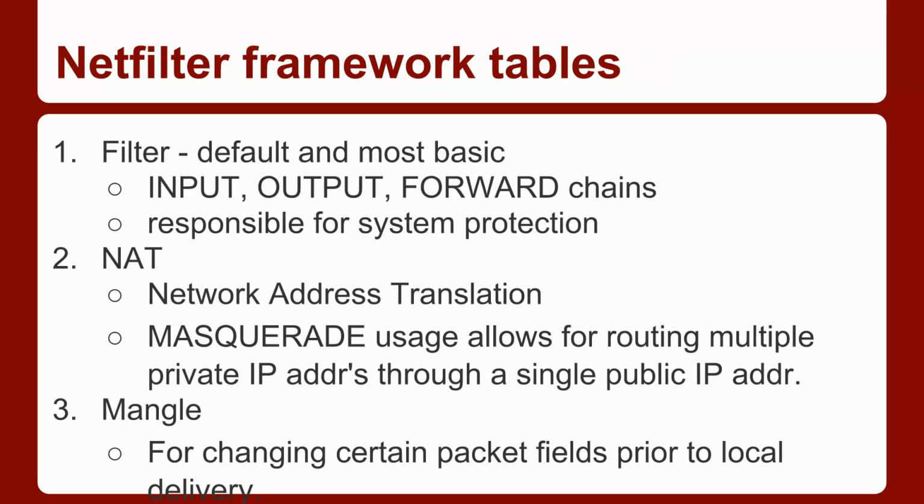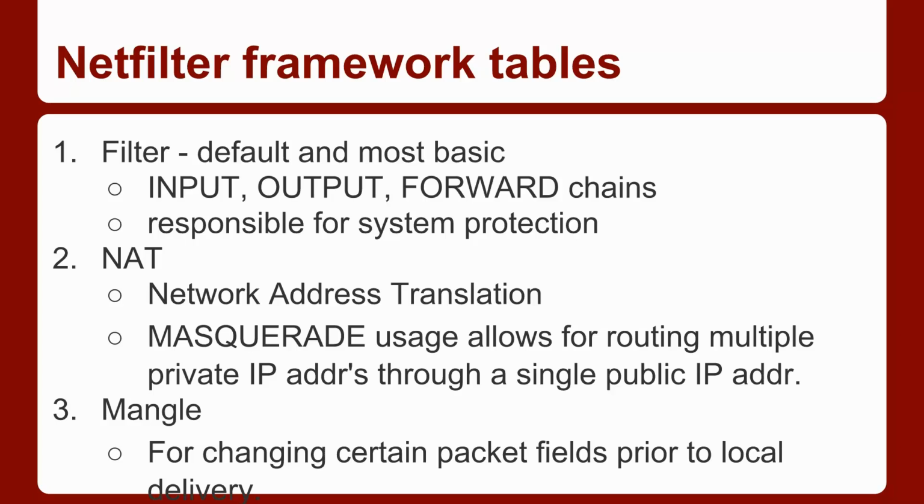So filter has 3 different chains that are a part of it: input, output, and forward. It allows you to filter incoming packets, outgoing packets, and packets that are being forwarded perhaps to a different interface. And this is the one that is primarily responsible for system protection.